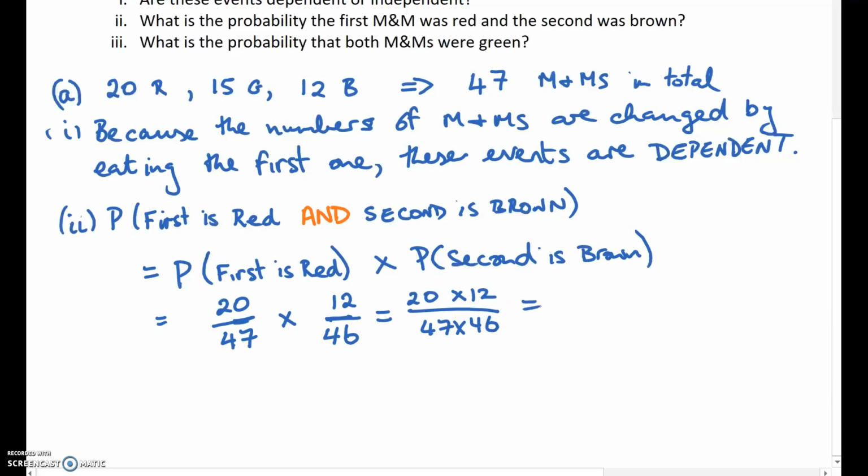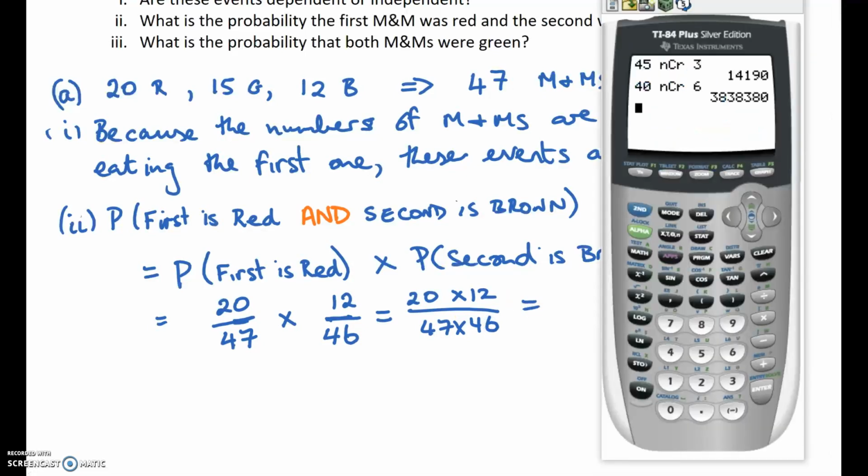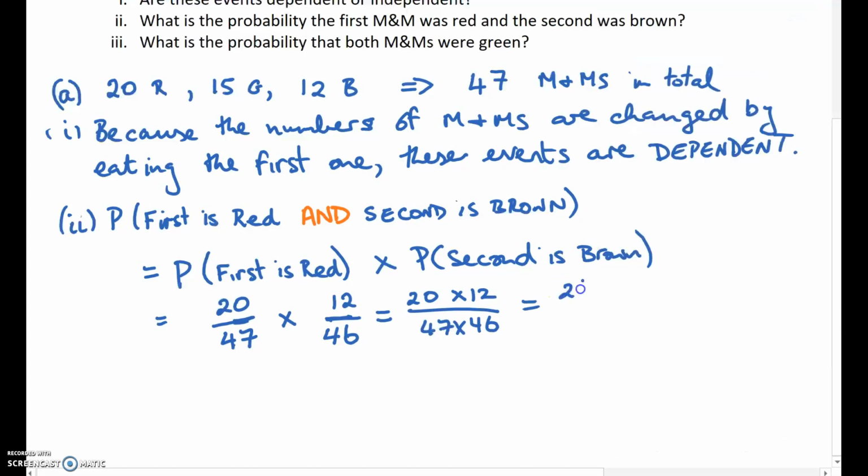Okay, and if we do that, we can get 20 times 12, which is 240, and 47 times 46, which is 2162. So it's 240 over 2162.